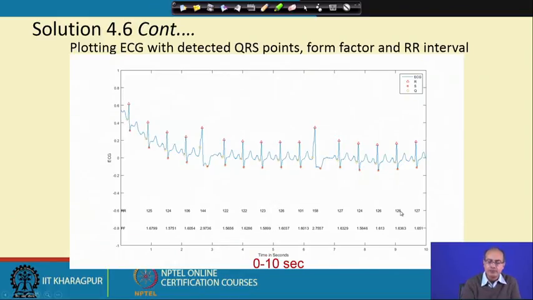So, we have the first 10 seconds of data from the ECG shown here, and below that we are writing in this line the corresponding RR intervals, and below that we are showing the FF intervals.